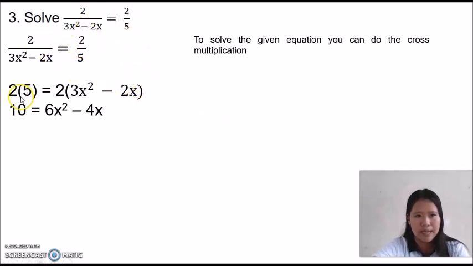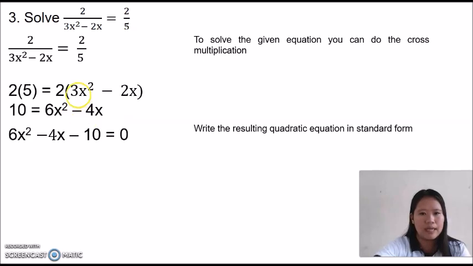So, 2 times 5 equals 2 times 3x raised to 2 minus 2x. And simplify natin. 2 times 5 is 10. Using distributive property dito. 2 times 3x raised to 2 is 6x raised to 2. Next, 2 times negative 2x is negative 4x.